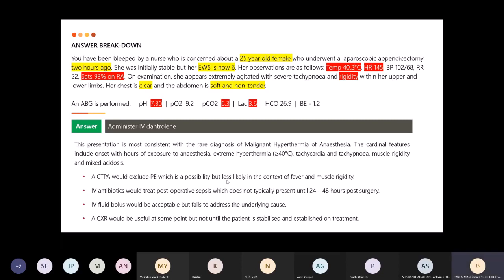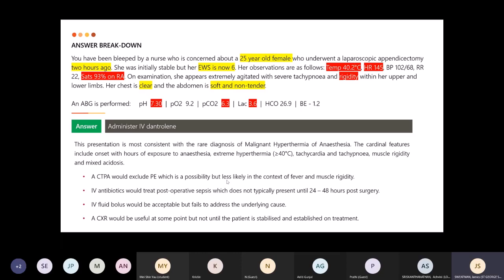Her chest is clear, her abdomen is soft, non-tender. Yes, she could have a cellulitis, or an ulcer somewhere that's a source for infection. But the common post-op causes of infection don't seem to have any examination findings to fit with that. And infection normally takes about a day or two to start manifesting. And again, it doesn't give you rigidity.